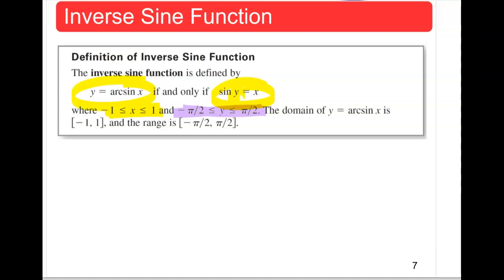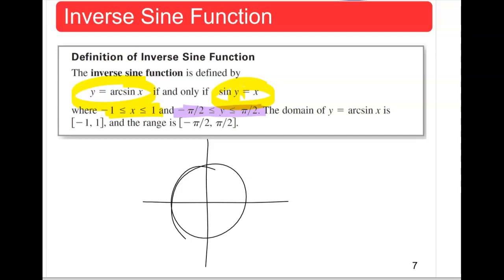So I want to relate this quickly to the unit circle. If we were to restrict those same values from negative pi over 2 to pi over 2, if I go in standard position to pi over 2 right here, that will be pi over 2, correct? Now, if I go again in standard position, but now in the negative direction, that will be my negative pi over 2.